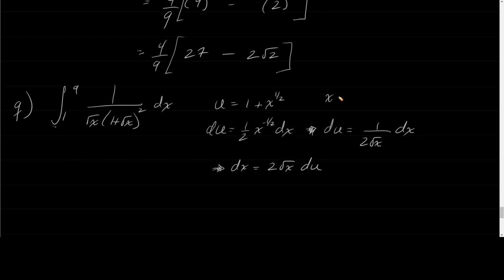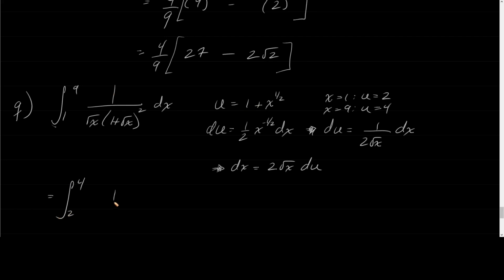So when x equals 1, u equals, well, the square root of 1 is 1, plus 1 is 2. And when x equals 9, what do we get? The square root of 9 is 3, plus 1 is 4. So now our new integral is going to go from 2 to 4 of what?